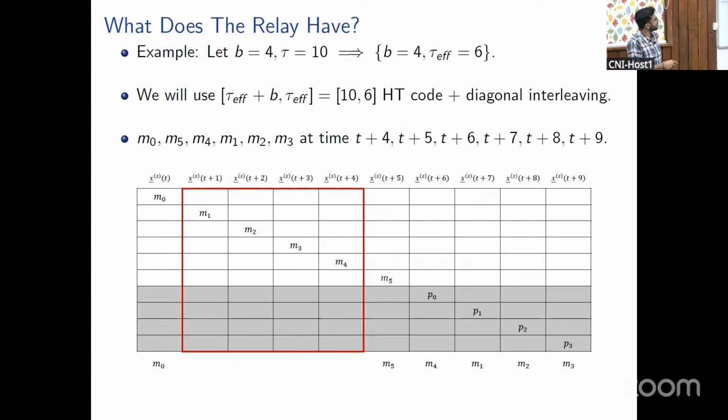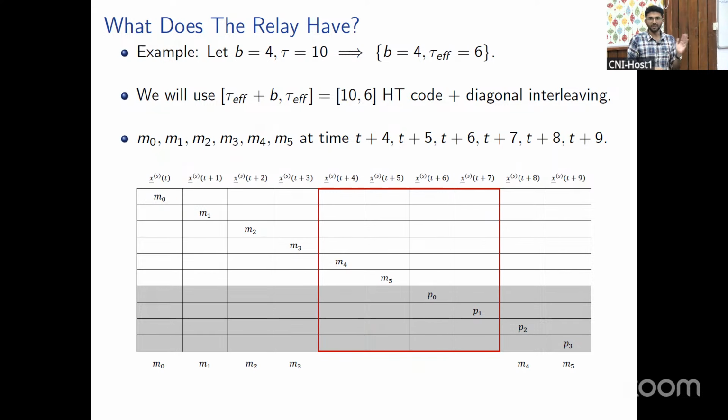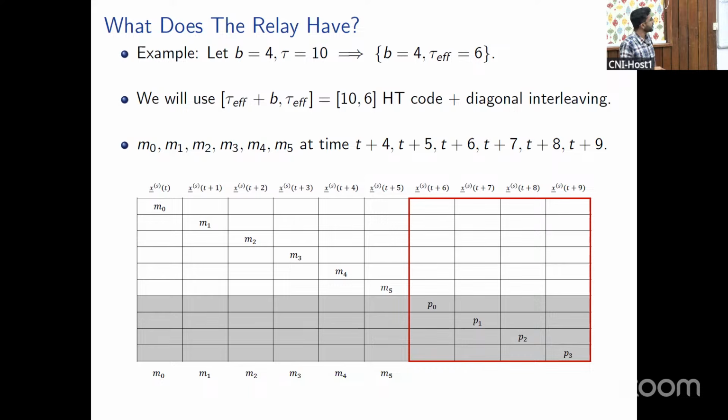So similarly, if the burst happens like this, again it's some other permutation. So M0, M5, M4, M1, M2, M3, whatever. So depending upon what burst pattern the initial link has seen, the relay will be seeing some permutation of the symbols.